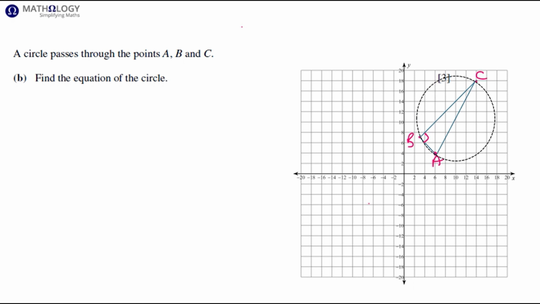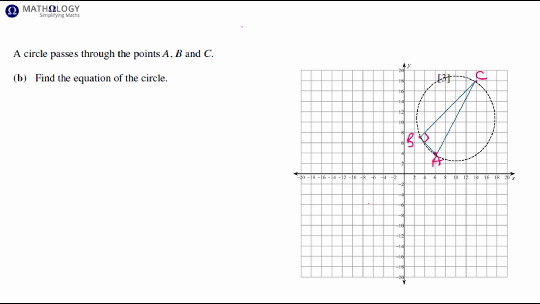A circle passes through the points A, B, and C, and we are required to find the equation of the circle. Now, since we are told that AB is perpendicular to BC, we know that angle ABC is 90 degrees.